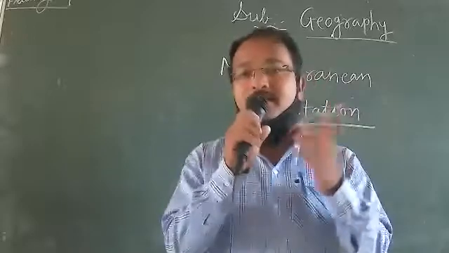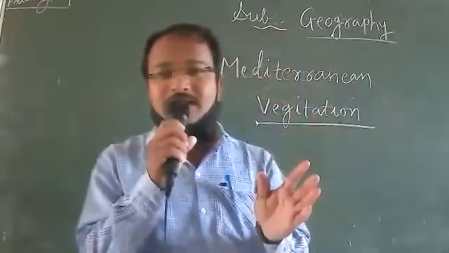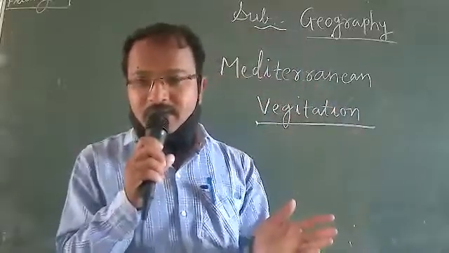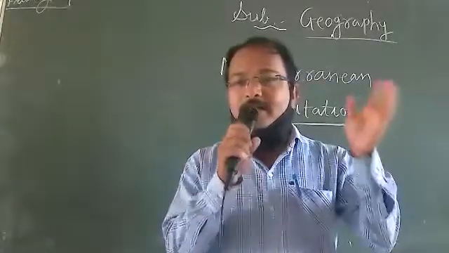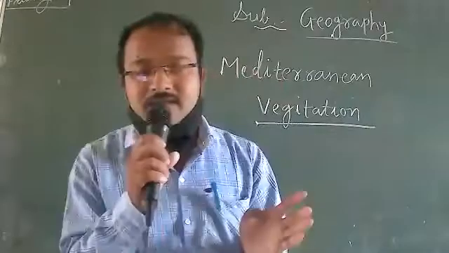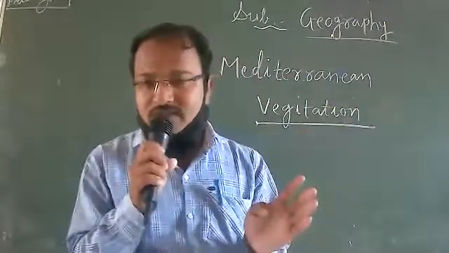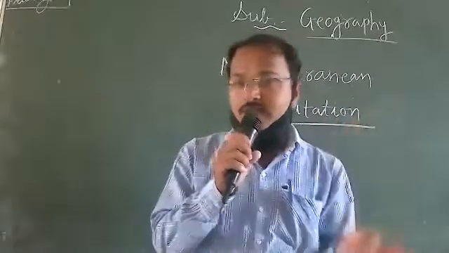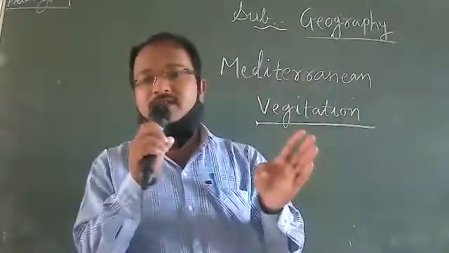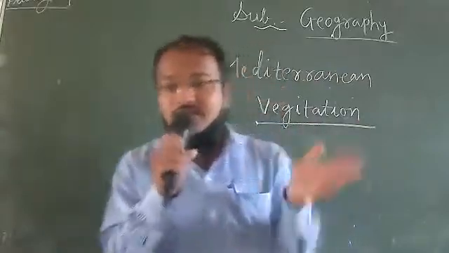Yesterday, in the previous period, we learned that the east margin and west margin are also covered by temperate evergreen and deciduous trees. The west and southwest margin of the continents are different.